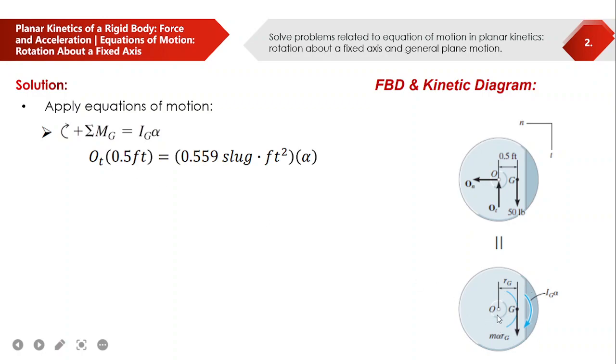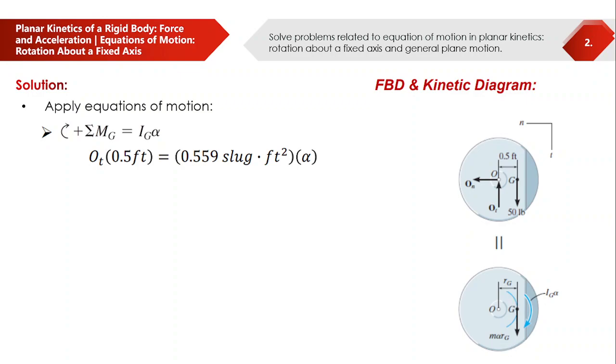Kasi nga, when we are summing the forces at point G, yung tangential at point O lang and walang normal component. Therefore, O sub T times 0.5 feet is equal to I sub G times alpha. Diba? Ito lang yung nag-act dito.